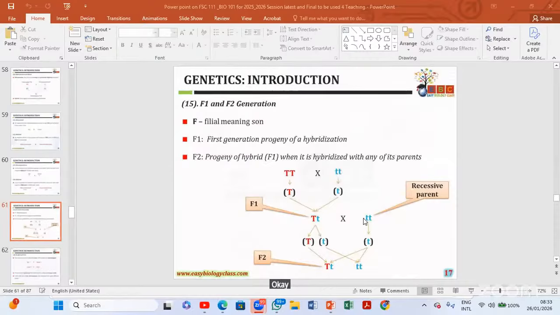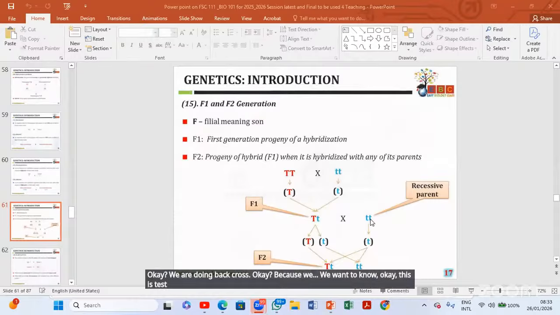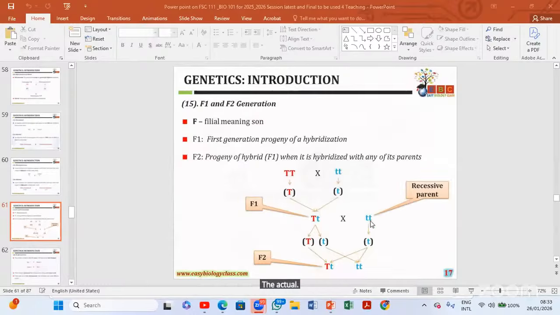Okay, we are doing back cross, okay, because we want to know, okay, this is test cross, not back cross, because we want to know the actual zygosity of the parent, whether homozygous or heterozygous. But here that we cross, we now have in their F2 half heterozygous and half homozygous.